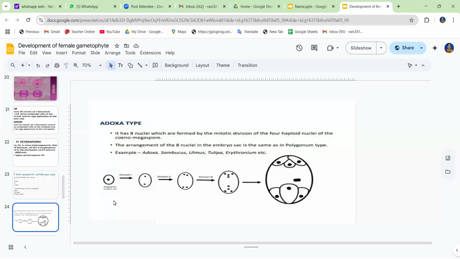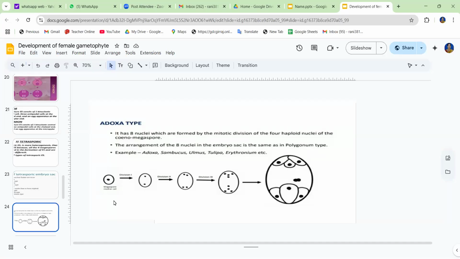Examples are Adoxa, Sambucus, Alnus, Tulipa, and Erythronium. These are all examples of the Adoxa type, first described by Jönsson in Adoxa moschatellina.